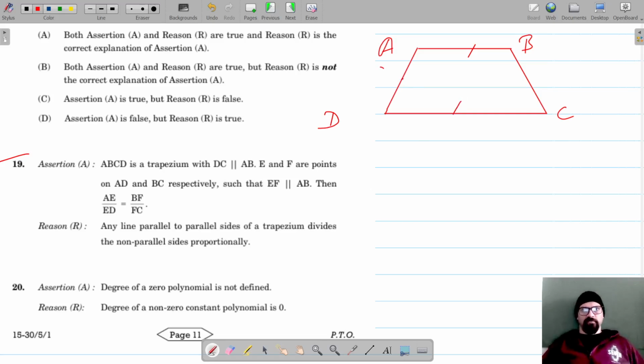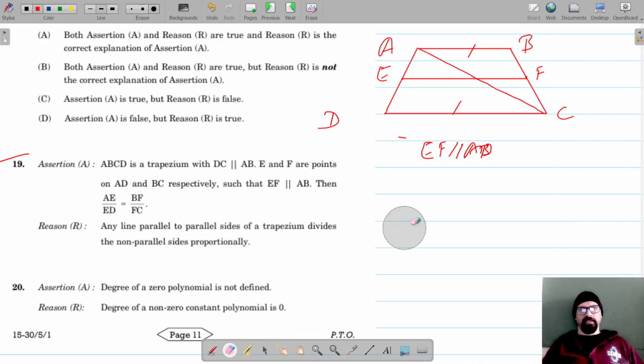And E and F are the points. It's given that EF is parallel to AB, and we can connect A to C.